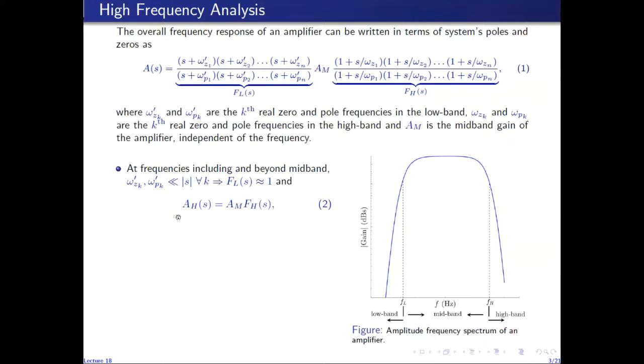So AH of S represents the response of the amplifier in the midband and in the high frequency range. In the midband, F of H of S is approximately 1, and the response is given by AM. And in the high band, the magnitude decreases below AM because F subscript H of S comes into play, and its magnitude becomes less than 1 in the high band.